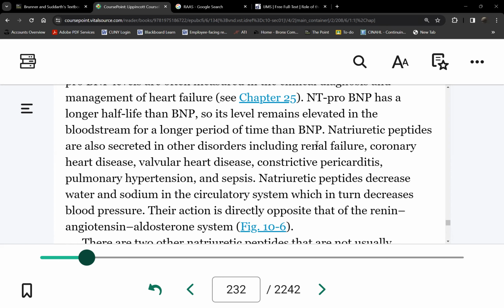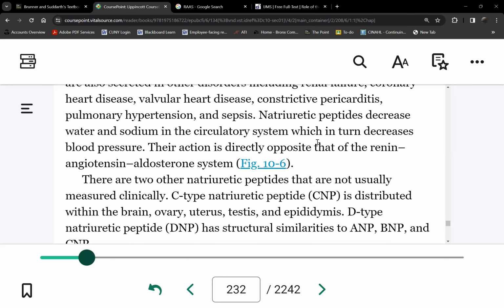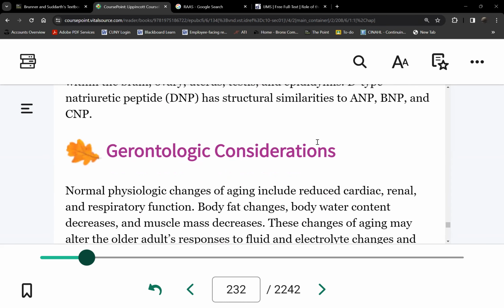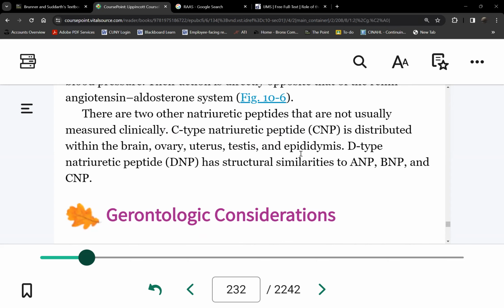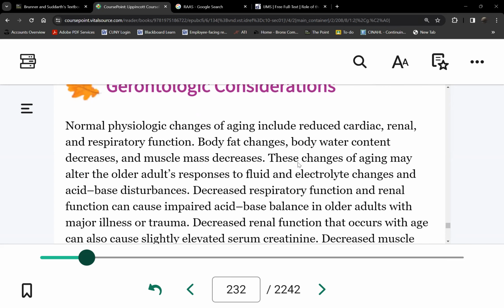So if BNP levels rise, that's heart failure. If it drops, then it's improving, right? So we use it as a basis of, are we giving enough diuretics? Are we doing enough fluid restriction? Is the therapy adequate? You can disregard the C type. It's not really clinically relevant.